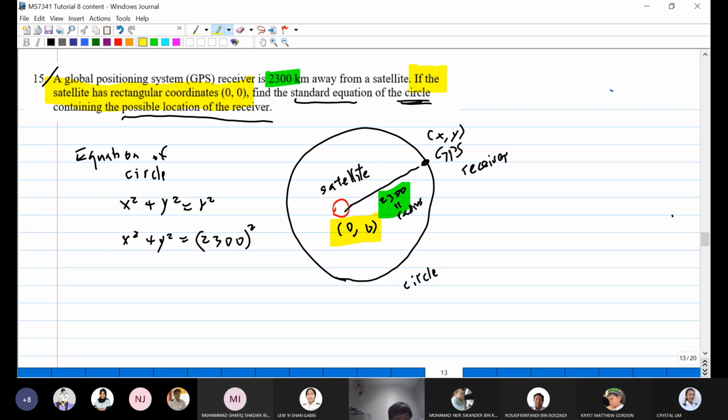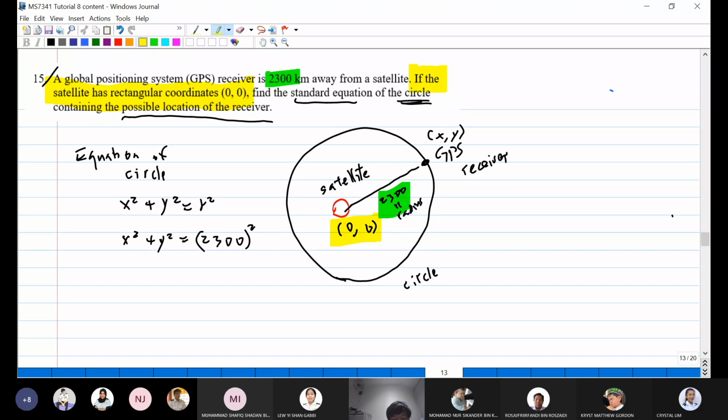If the satellite has its center at 0, 0, which I show you here, find the standard equation of the circle containing the possible locations of a GPS receiver. So this is a circle problem here. Remember, the equation of a circle is x squared plus y squared equals r squared. Okay, the standard equation of a circle.